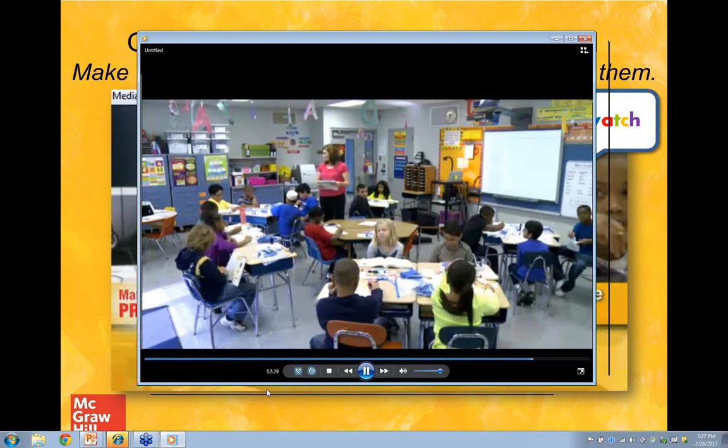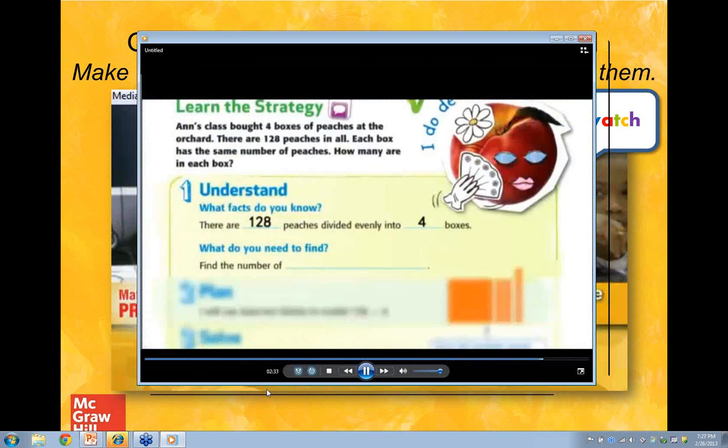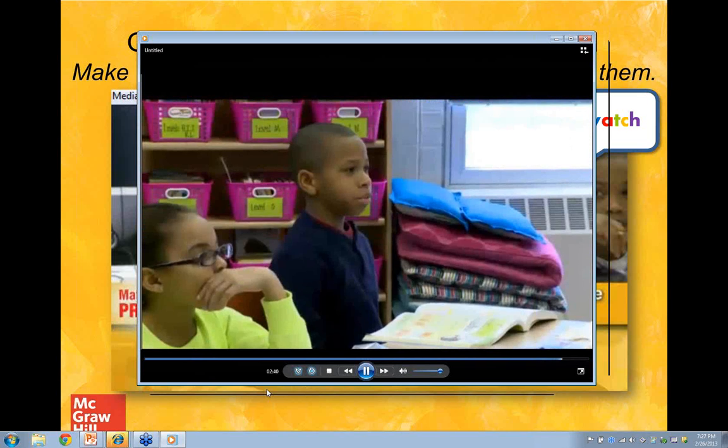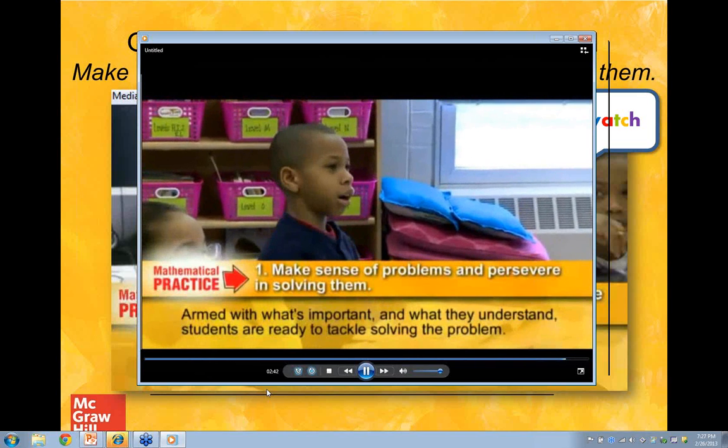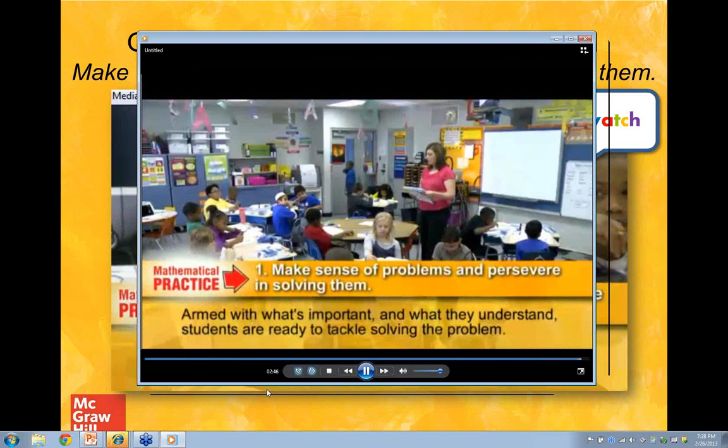So make sure you have 128 and 4 on those lines. Next question is, what do you need to find out? Miles. We need to find out how many peaches can be put into each box. Okay, so on that line it says find out the number of, and what you're writing is peaches in each box. Peaches in.